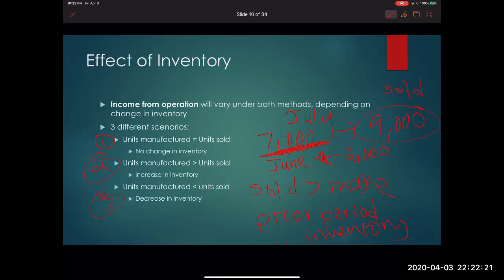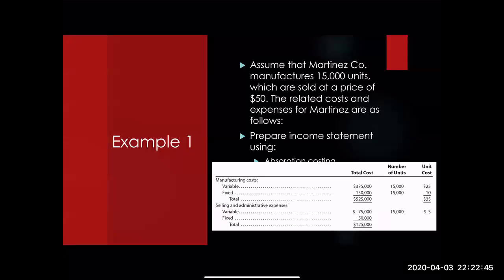So in that case, you would have a decrease in inventory because you're dipping into what you made in June, all right? So now what we're going to do is look at how our income from operation is affected given these three scenarios, okay? So that's what we're going to look at now, all right?